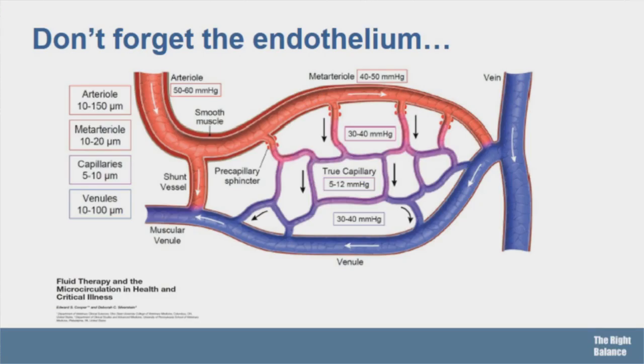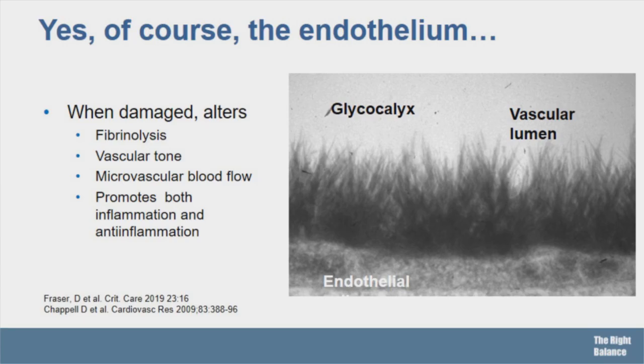So I love to show this. It's just basically a micron photograph of the glycocalyx, which looks like something called a brush border, and you can see that all those little hairs are projected in the vascular lumen. They are protecting you from your volume moving from inside the vessel into the interstitial space.